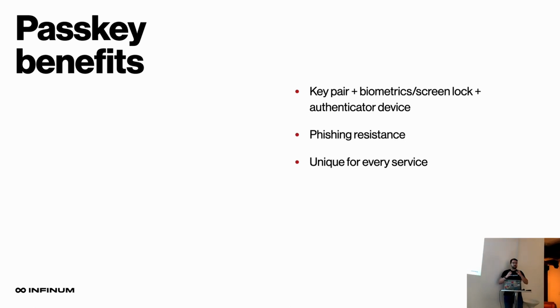Each and every service that you register to has a separate passkey. So you automatically have the benefit of preventing users from using one password for everything. Then it requires 0 bytes of human memory because there's nothing to remember.